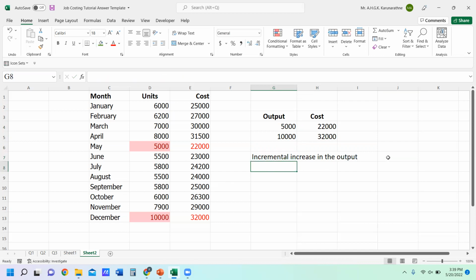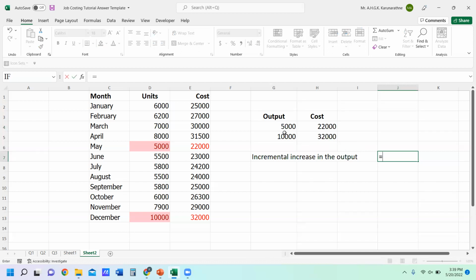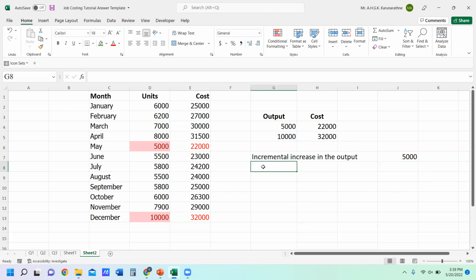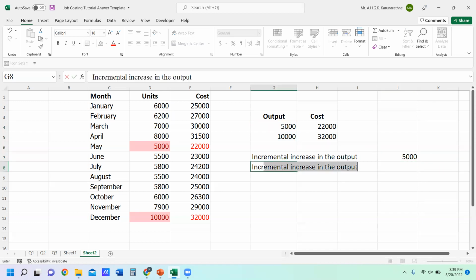From 5,000 to 10,000, it is 5,000. So when you increase your output from 5,000 to 10,000, there is an incremental cost.